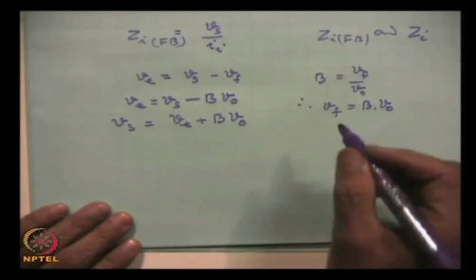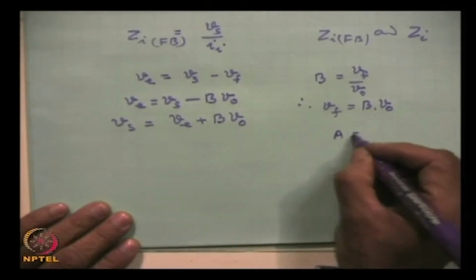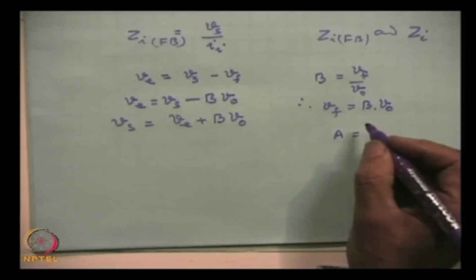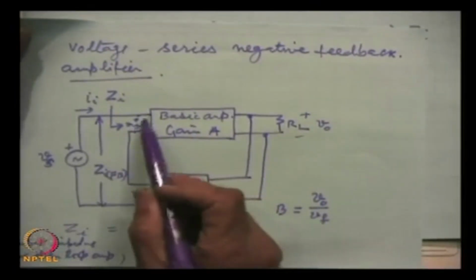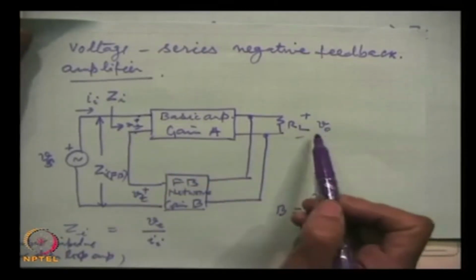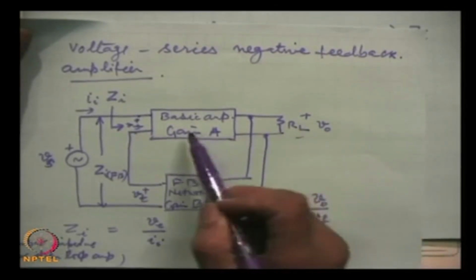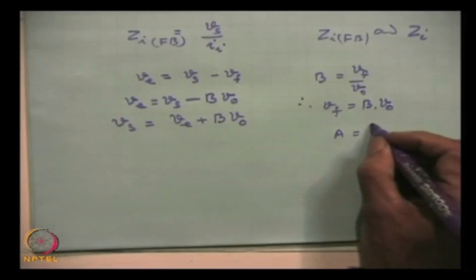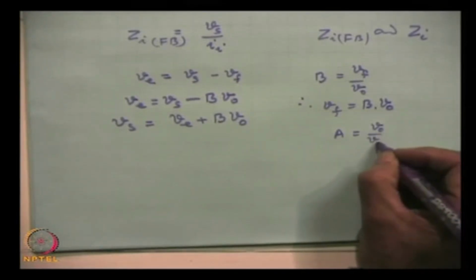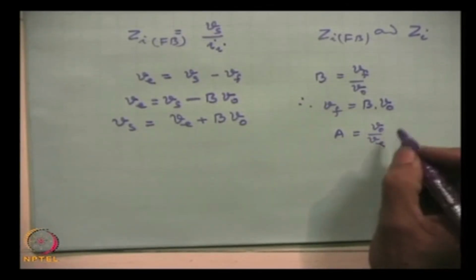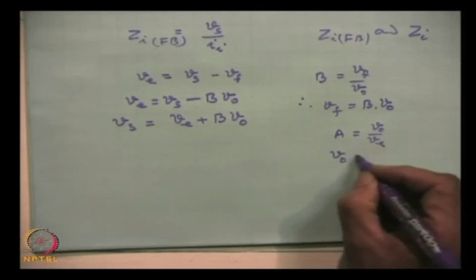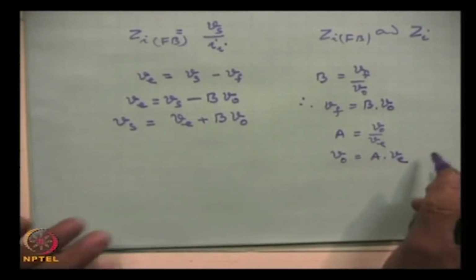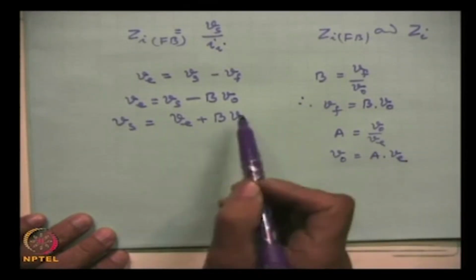And now, you know that A was the open loop gain, and open loop gain in this circuit you can see, if the input is Ve, output is V0, then the gain is V0 by Ve. So, A is V0 by Ve, or simply V0 is A into Ve, that we substitute here.